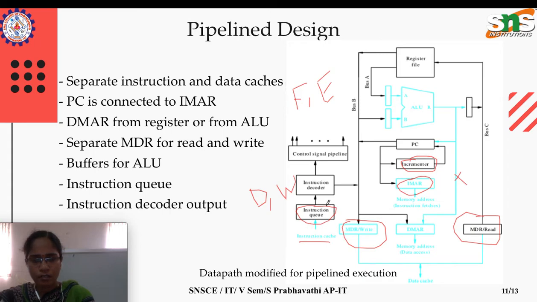From the instruction queue, the decoder will identify what the instruction is, and for that instruction to execute, the instruction decoder will give it to the control signal pipeline, and this control signal pipeline will generate the respective control signals so as to execute the fetched instruction. So these little modifications are all about independent operations. Only by means of independent operations could we achieve pipelining and get better performance.